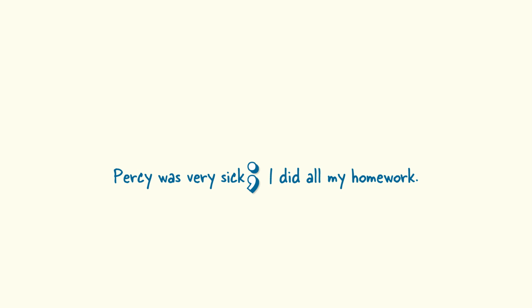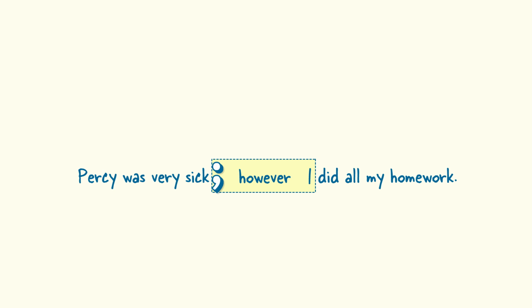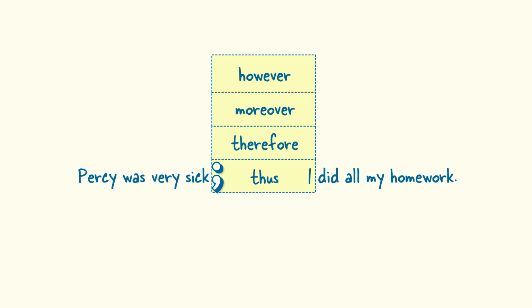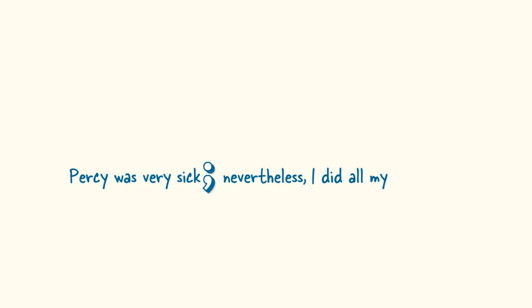So could I add a word like however or moreover, therefore or thus? Well, yes, you could add a word like that, but would you really say, Percy was very sick, thus I did all my homework? Does Percy feel better when you study? Okay. How about Percy was very sick; nevertheless, I did all my homework.